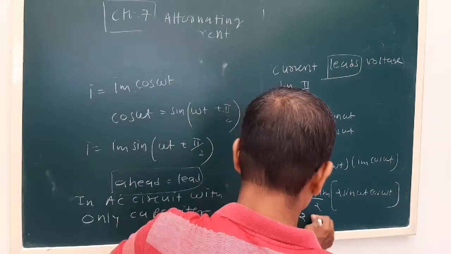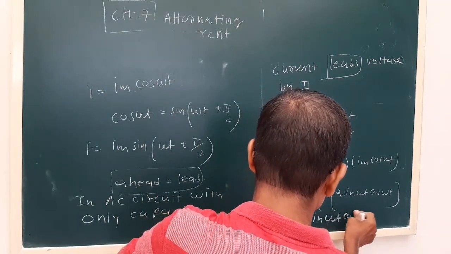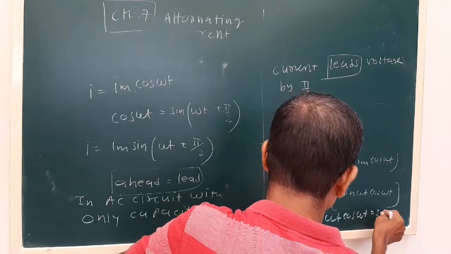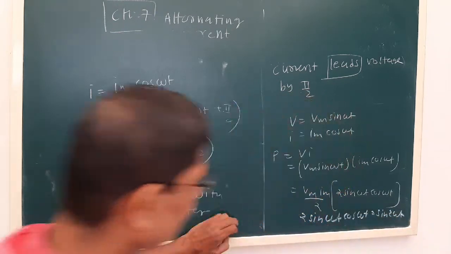We have seen earlier 2 sin A cos A is sin 2A. Okay, now this is known to us.